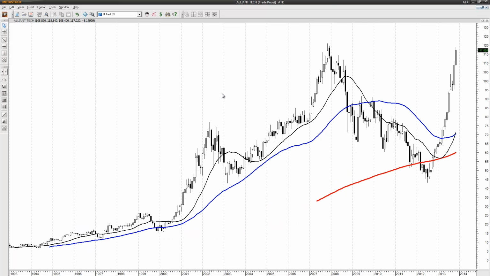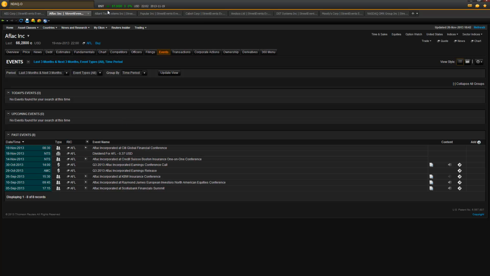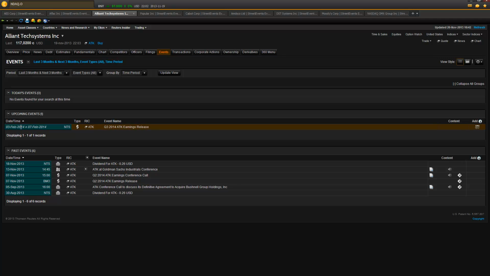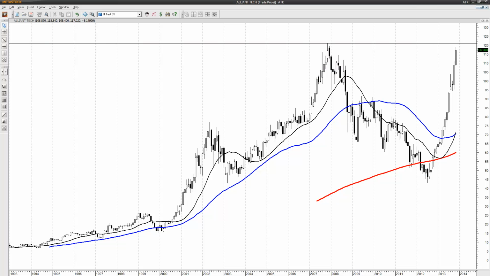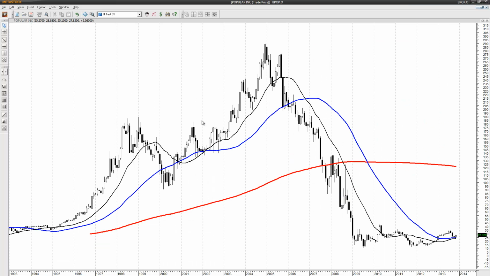Alliant Techsystems, ATK. We get a very defined high peak, and the print is 120.90. That's my short sell limit level. Check for any earnings for Alliant Techsystems. No earnings coming up.